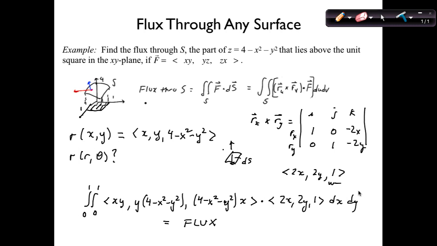If you get a positive number, then most of the flow is up. If you get a negative number, most of the flow is down. This is the orientation of the surface, upward orientation. Had we done Ry cross Rx, we would have had downward orientation, and we would have gotten a negative 1.